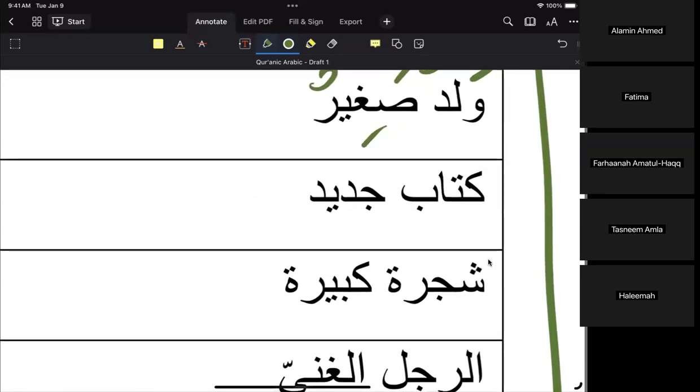We have kitabun. I'm doing this one for you, but I want to know what haraka goes here. Remember to think about the default. I haven't given you any rules to change the haraka, so that means the default is always double dhamma. So you say jadidun. Default is always double dhamma.